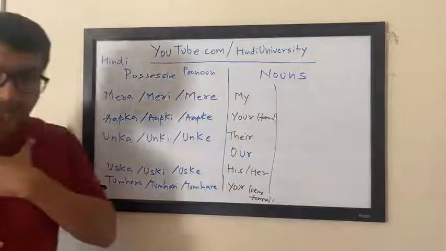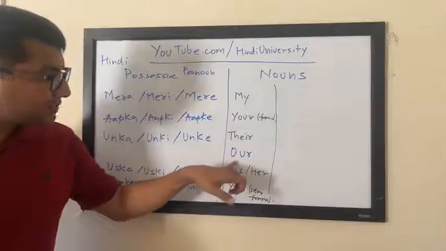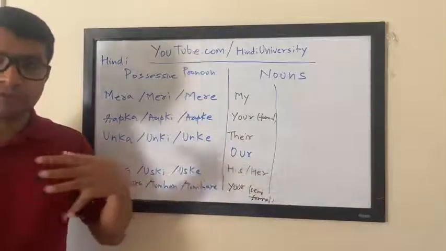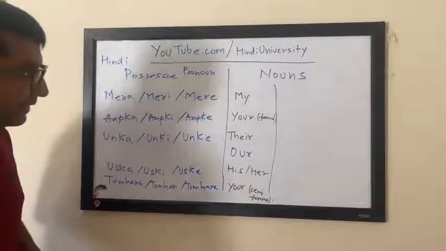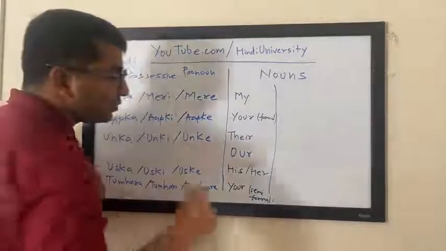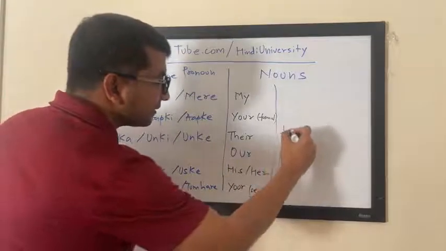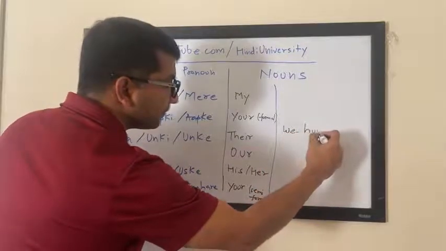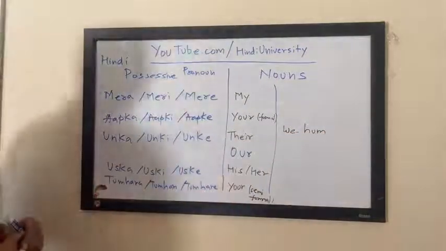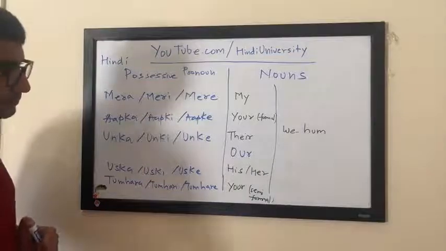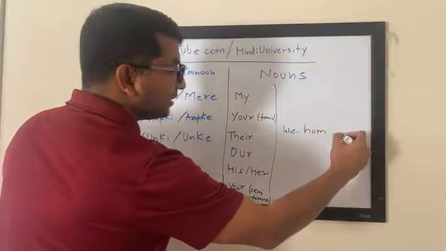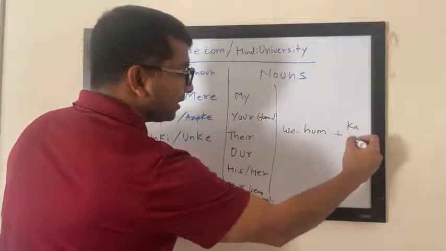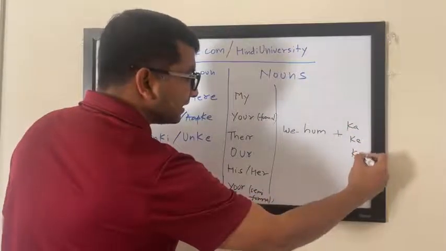So we is hum, and you want to convert from we to our. Try it out. I think you should be able to do it. So we is, as I said, hum. And all you have to do is put the post position ka, ke, and ki.